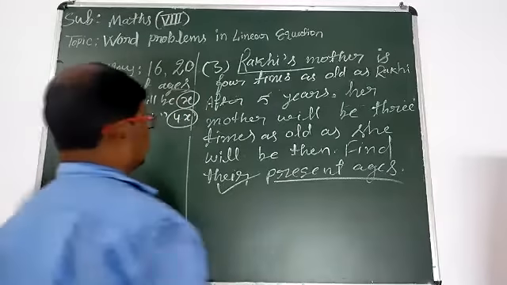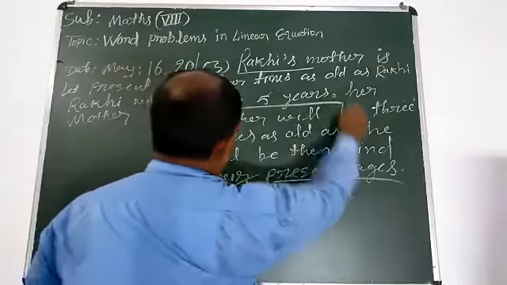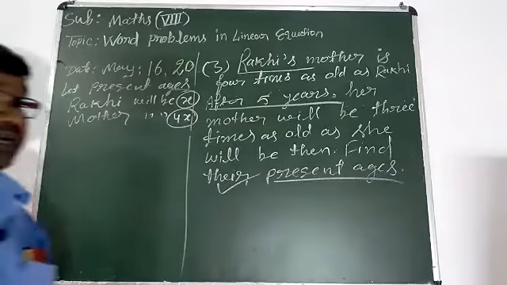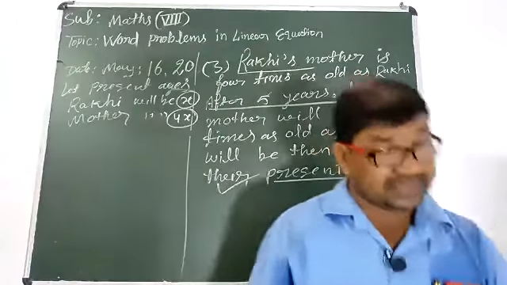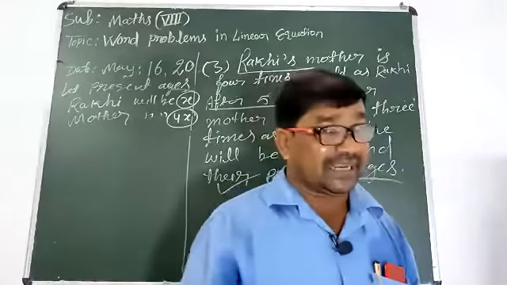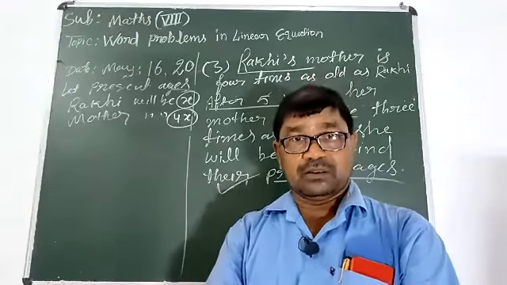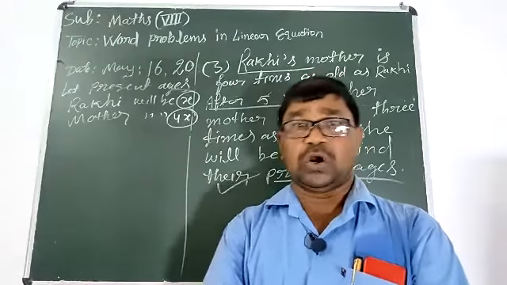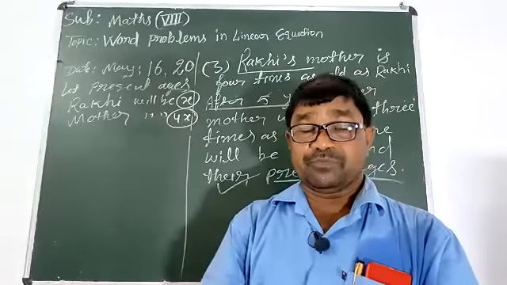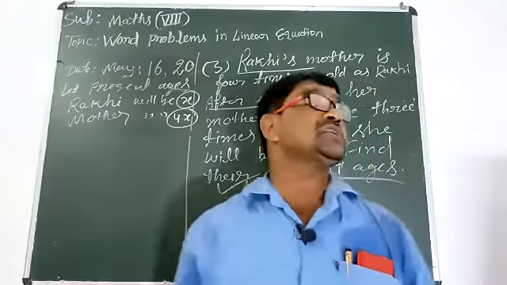Now the condition is after 5 years. Students, think yourself: if your age is 15 years, after 5 years you will be 15 plus 5 equals 20 years.